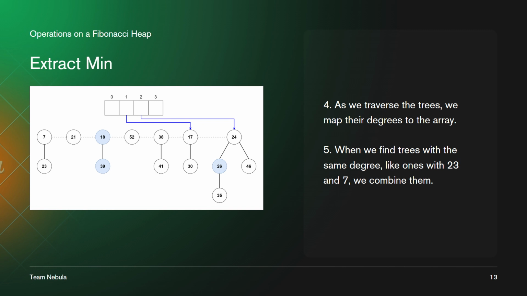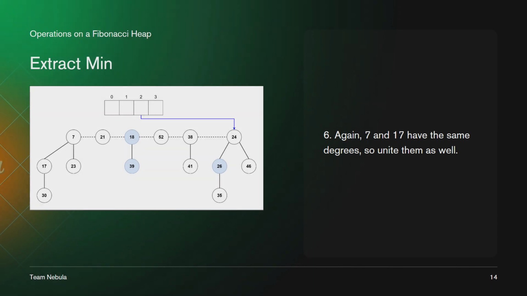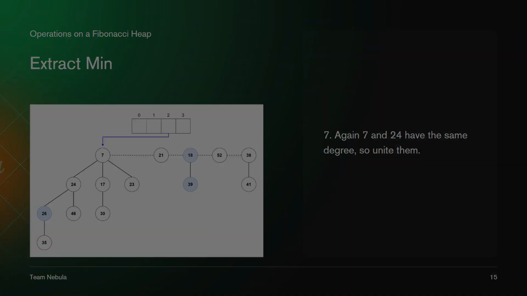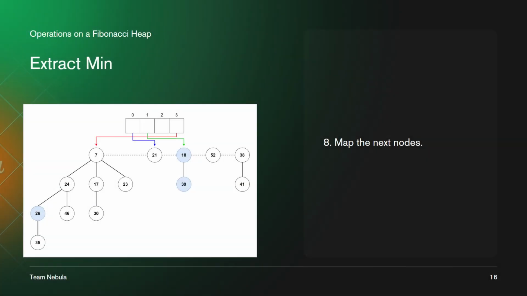When we find trees with the same degree, like the ones with 23 and 7, we combine them. Again, 7 and 17 have the same degree, so we unite them as well. And again, 7 and 24 have the same degree as the previous one, so we unite them as well. Then we map the next nodes.